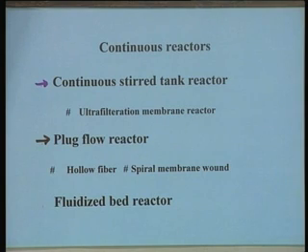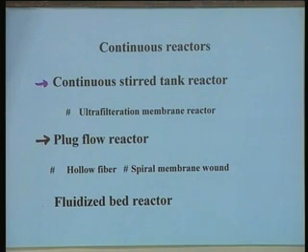Mainly because of the nature of the catalyst, because it is usually in the form of either particles or films, it can be easily packed into the system and can provide a very high catalyst density, enzyme density, in the reactor system. And obviously, the higher the catalyst density, the overall reaction rate can also be very high, because the enzyme concentration per unit volume will be much higher compared to a CSTR.